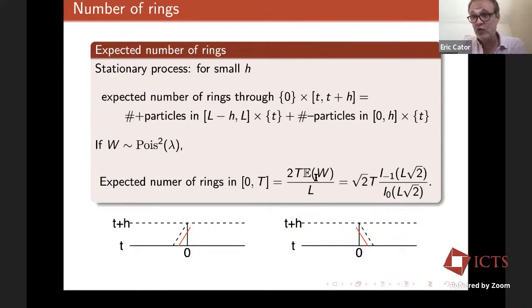And then you get 2 over L squared here. So for small L, you get very few rings. Yeah, I'm making a mistake. For small L, it should be 1, I think. Well, it doesn't matter. When the ring is very small, it's quite obvious what happens.